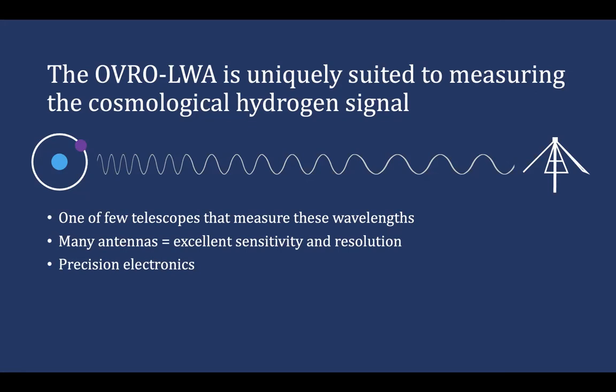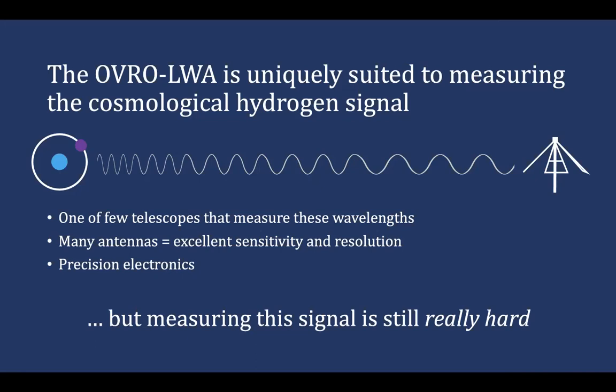Many radio telescopes look at radio waves that are shorter wavelengths, but this one goes all the way out to these very long wavelengths. It has many antennas, which gives it excellent sensitivity and resolution, which is key because we're looking for a very faint signal. And then also with the upgrade, we have precision electronics that also improve the sensitivity of the measurements.